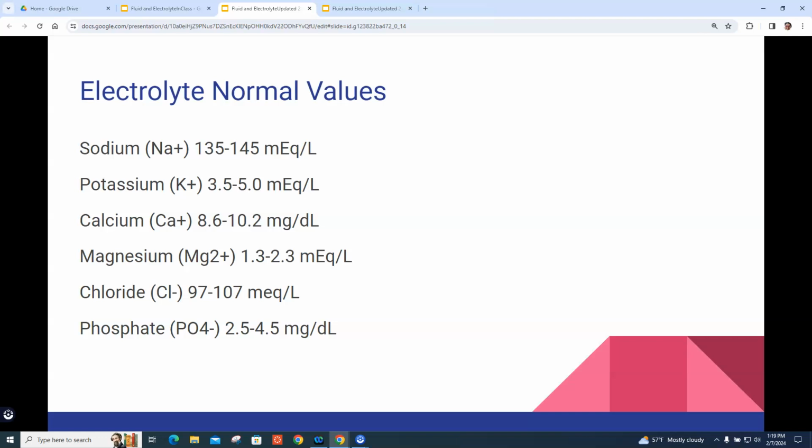Potassium 3.5 to 5.0. Calcium is 8.6 to 10.2. Magnesium is 1.3 to 2.3. Chloride is 97 to 107. And phosphate is 2.5 to 4.5.